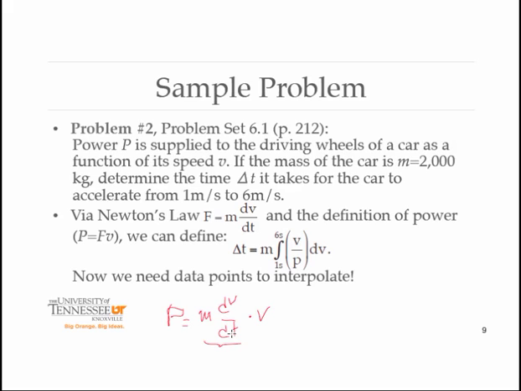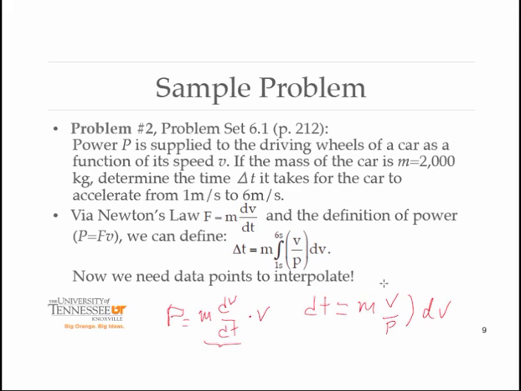So we need to isolate some terms and get time on one side. Multiply both sides by dt, and then divide both sides by p, and you could easily get that dt would have to be m times v over p times dv.